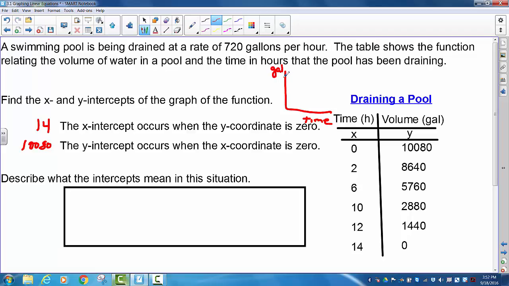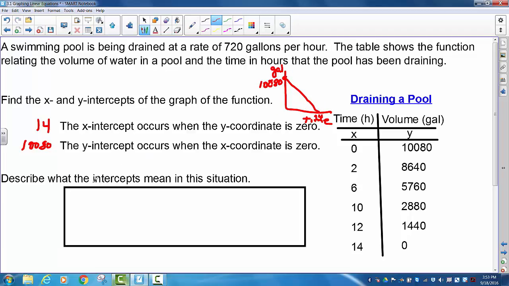And we start out up here, we've got our graph at 10,080, and it goes down to here, and this is 14. This is 10,080. That's the y-intercept. This is the x-intercept.